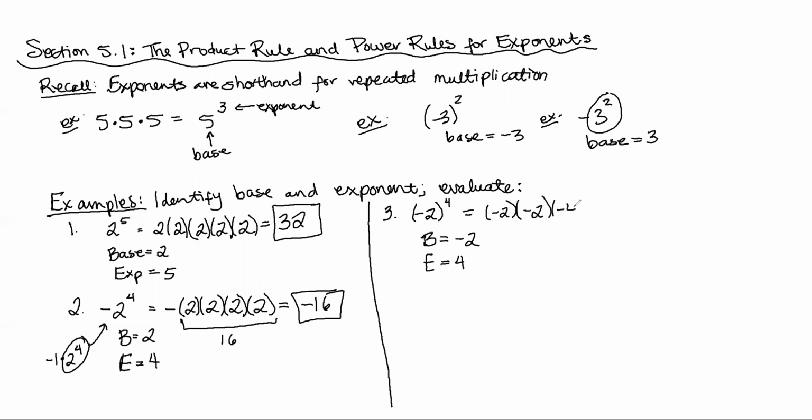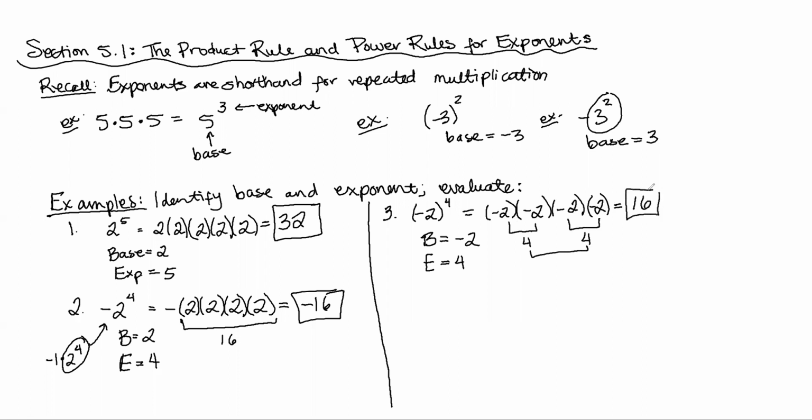You can see there's that difference between the negative appearing every single time, or the negative just staying out in front. Negative 2 times negative 2 is 4. And then negative 2 times negative 2 is 4. Remember, you can group them, or you can just continuously multiply. And then 4 times 4 is 16.